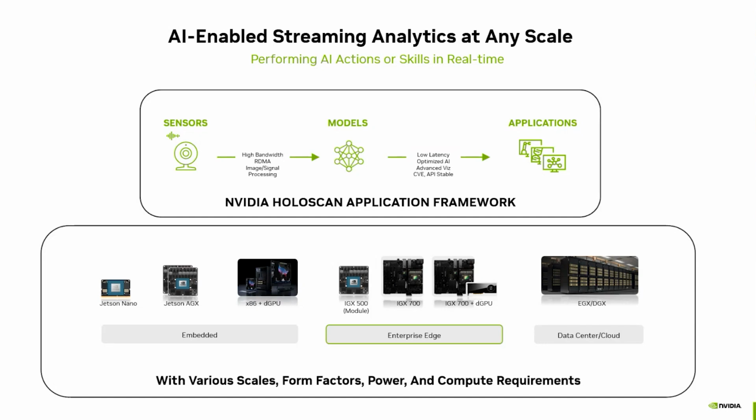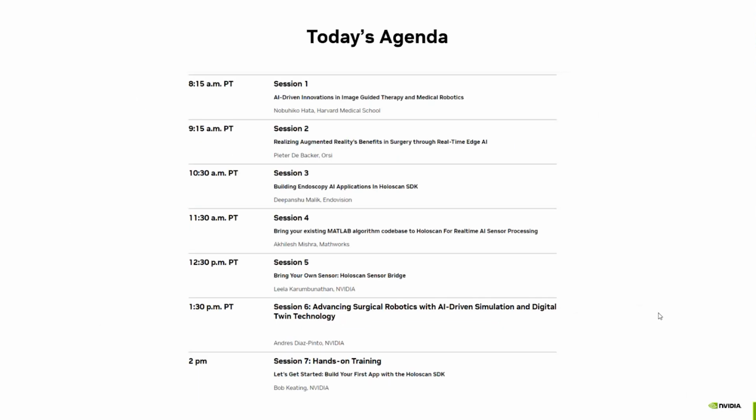The same software stack can be applied across the board. You build it once, you can deploy it across the board, because in edge solutions, we are aware of the fact that one size does not fit all. You have different form factor, power, and budget requirements. That is why we built Holoscan this way. It's open source software that is hardware agnostic, and from credit card size hardware all the way to data center and cloud, you can build your software and application and run them efficiently.